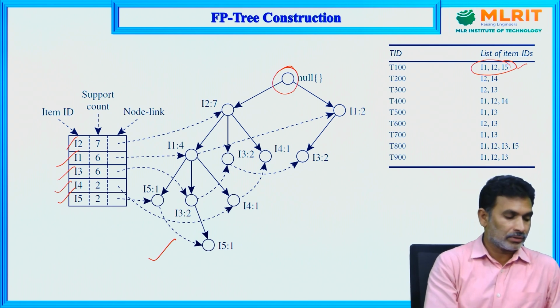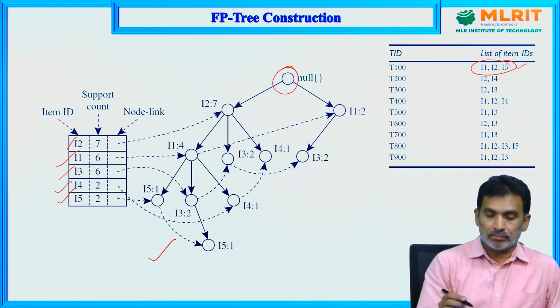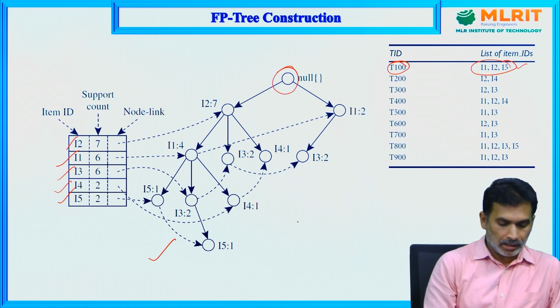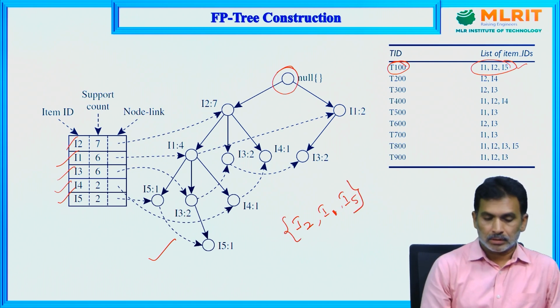I2 is the highest, 7. So now transaction T100 has 3 items, I1, I2, I5. If you arrange this, I2 will be first, then I1, then I5. So this is the order of items.